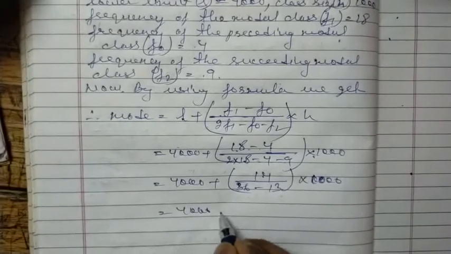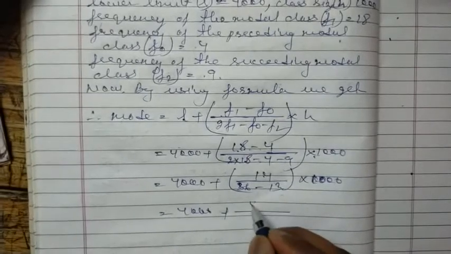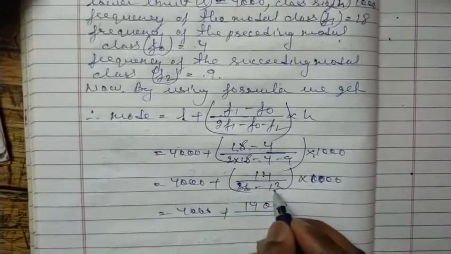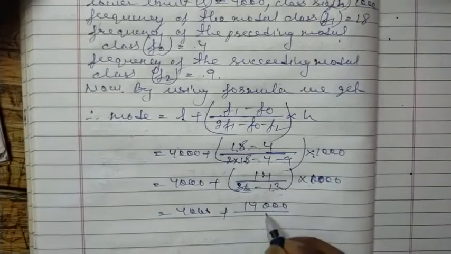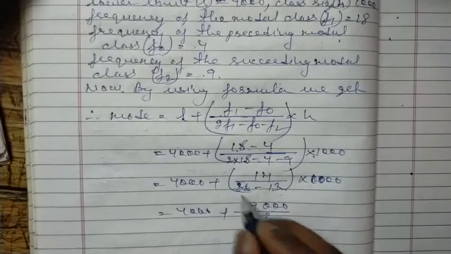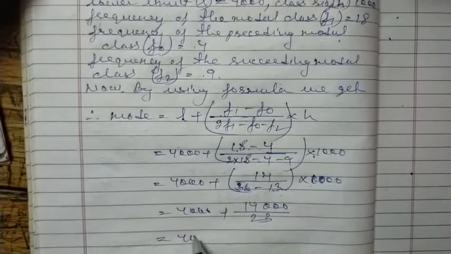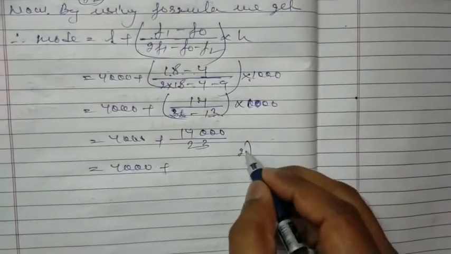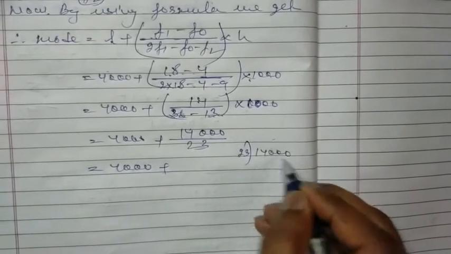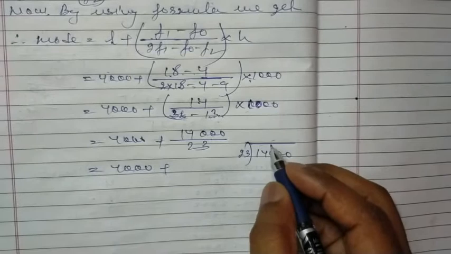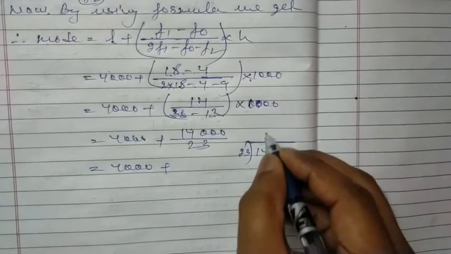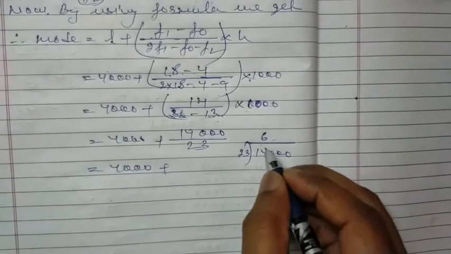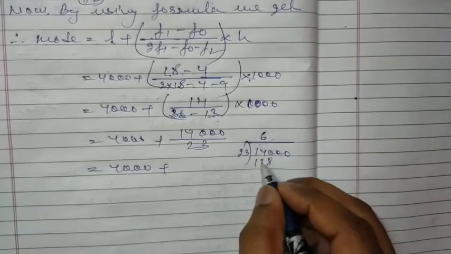Then 4000 plus 14,000 over 13. Now we have to divide. How many times? First 6 times. 6 3s are 18, 1 carry. 6 2s are 12, 13.